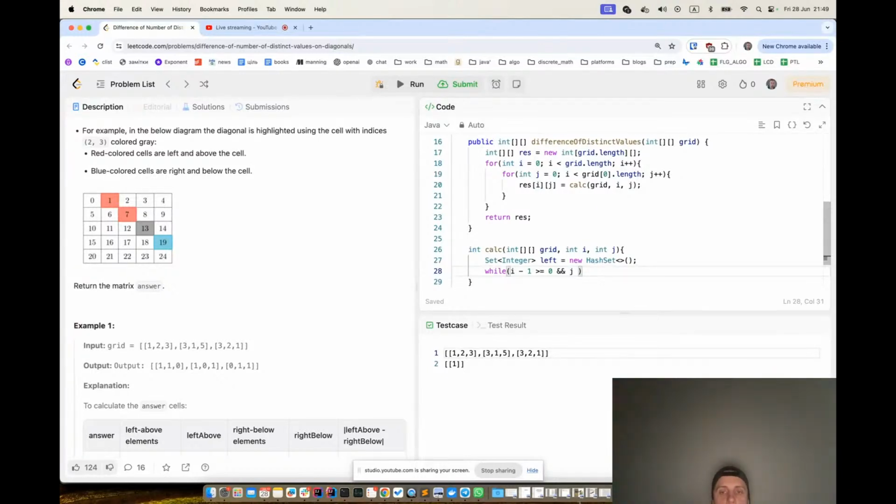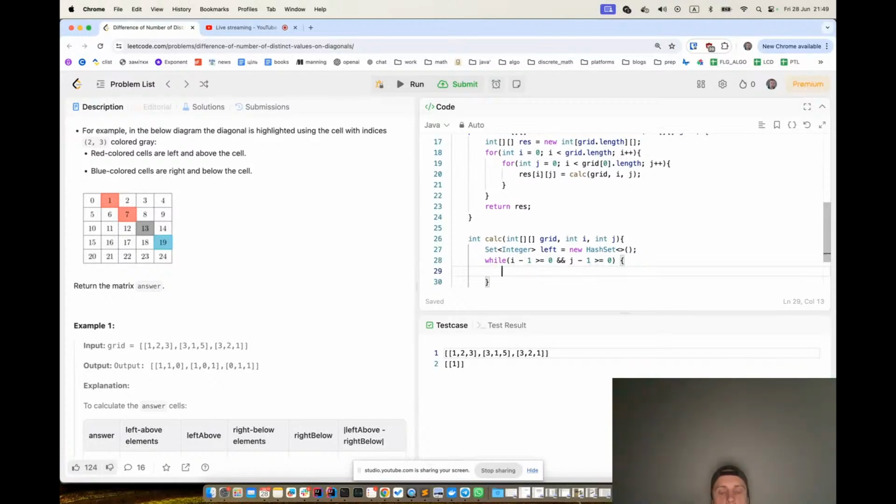And column as well, I think. So j minus 1 should also be greater or equal to 0. Then we add to left grid[i-1][j-1].